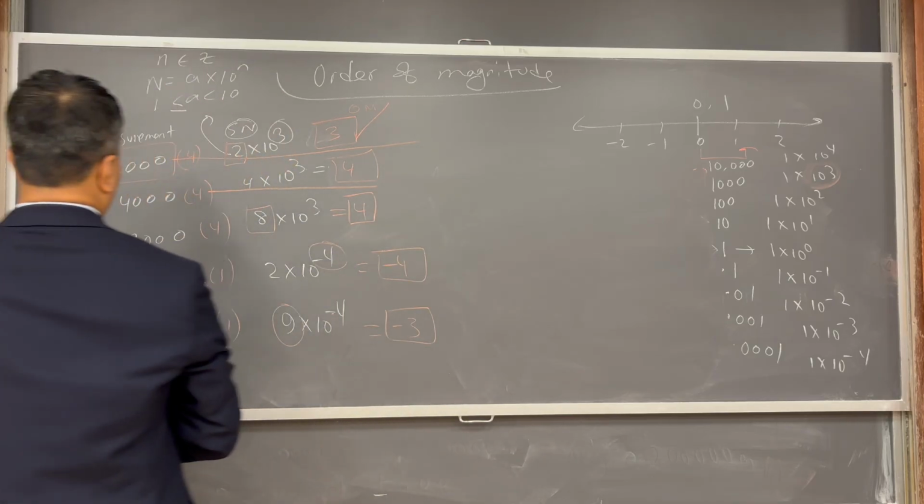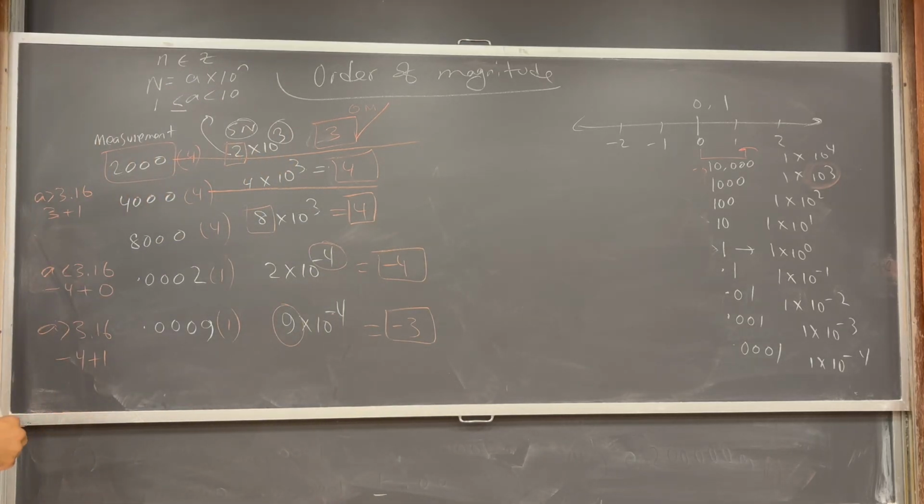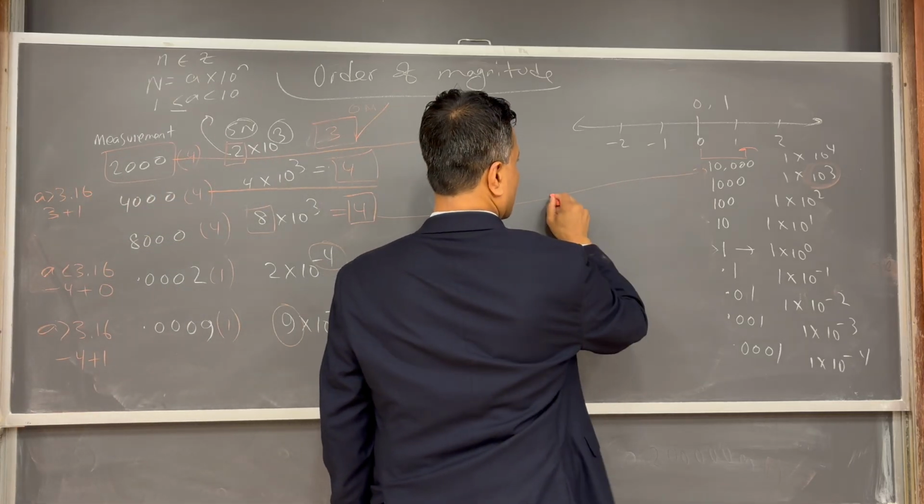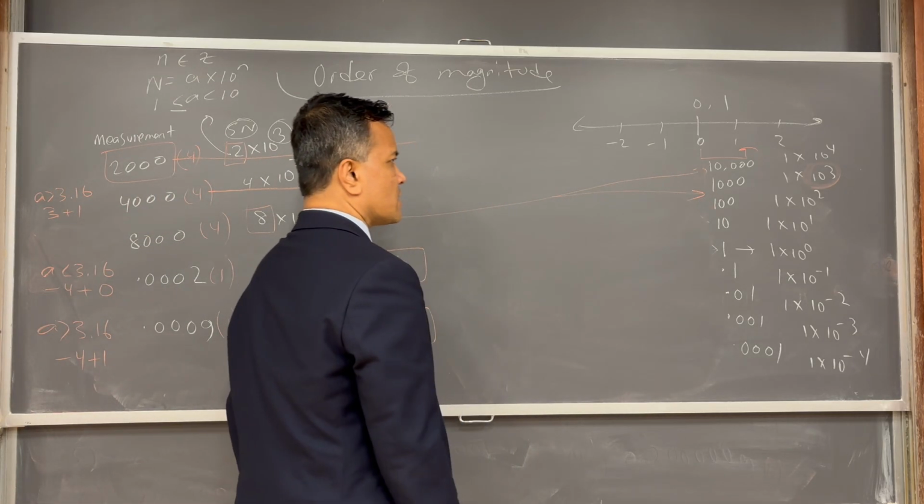Okay, 8,000. 8,000 is close to 10,000 or 1,000? 8,000 is close to 10,000.